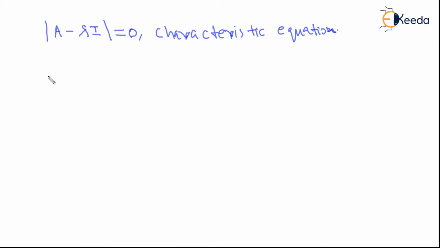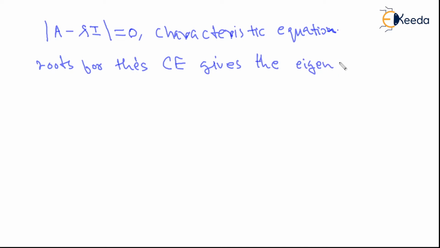And the roots of this characteristic equation give the eigenvalues lambda. So these roots are known as latent roots also.